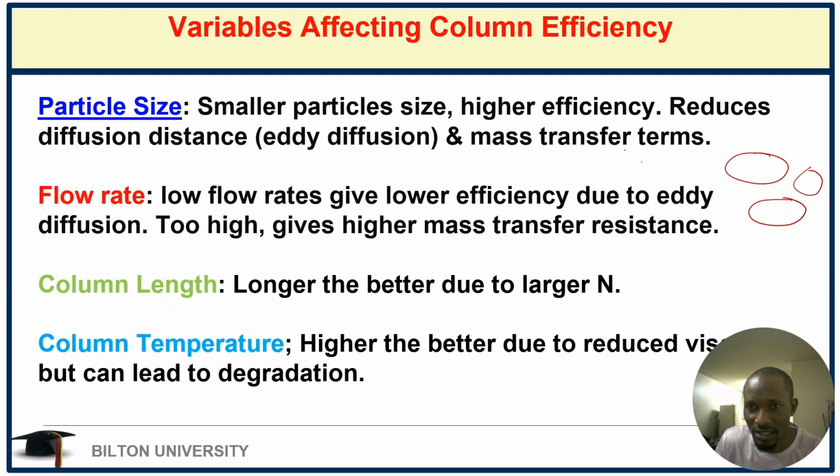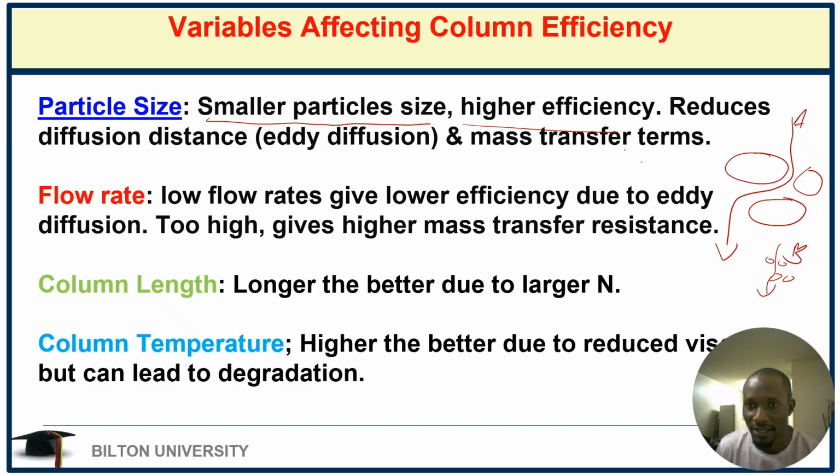you are creating several path terms in the sense that the mobile phase is coming here, it can either choose this one here, okay? And if you have smaller particle size, you can find that it's just moving like this. So this is B and this is A. So you can see in A, the smaller the particle size, the higher the efficiency. Why? Because the eddy diffusion will be reduced, okay?